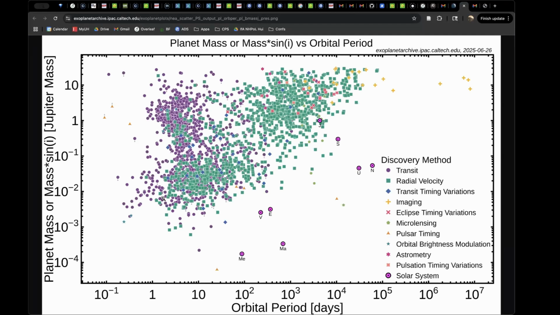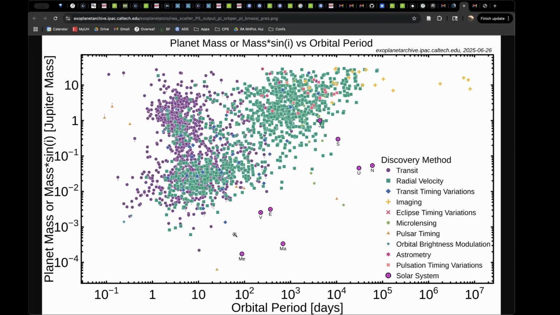You'll notice that a lot of these points are purple and green, which are the transit method and radial velocity method. So these are by and large the most common detection methods. But then we have all of these other options that are also beginning to fill out different parameter spaces on this mass versus orbital period diagram. A lot of the transiting planets are short period because we are better able to detect shorter period planets.